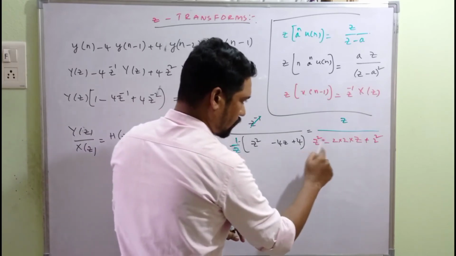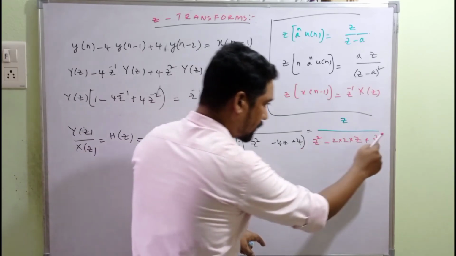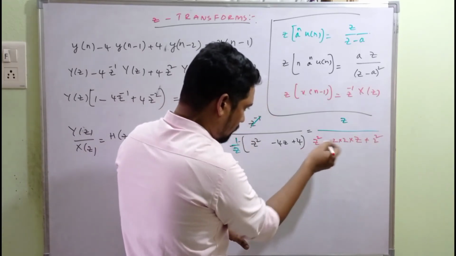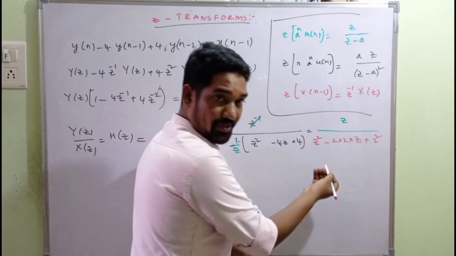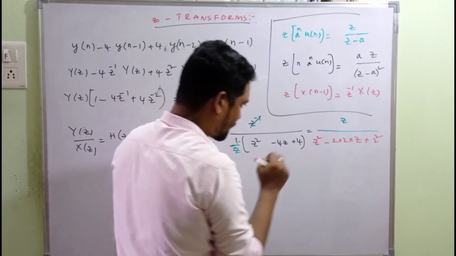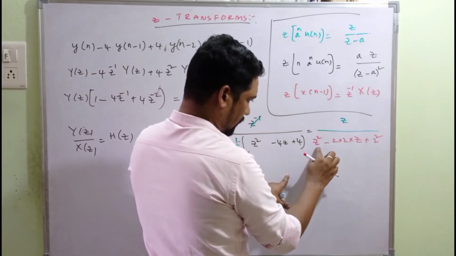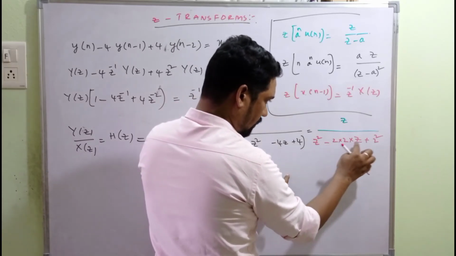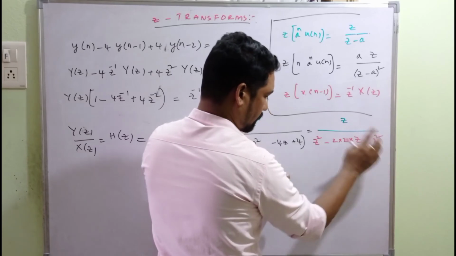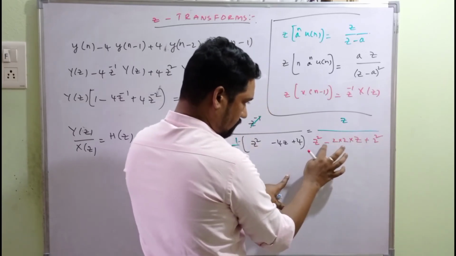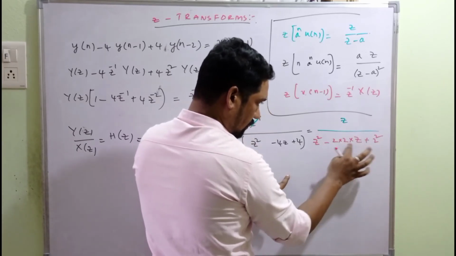Now this is z square. This could be reduced to something else, it's a square minus 2ab plus b square.